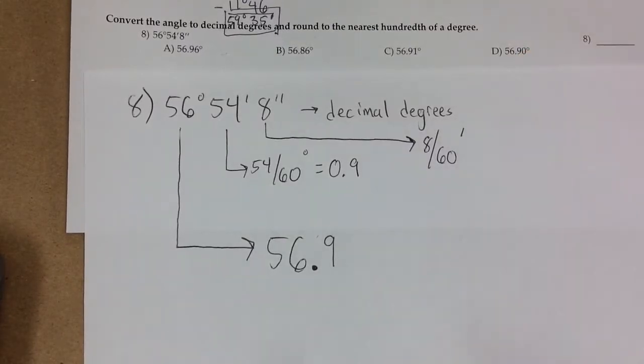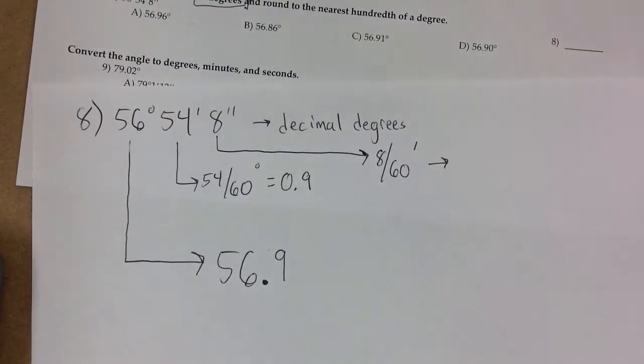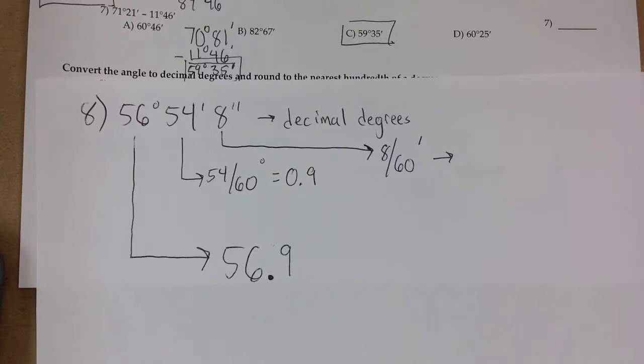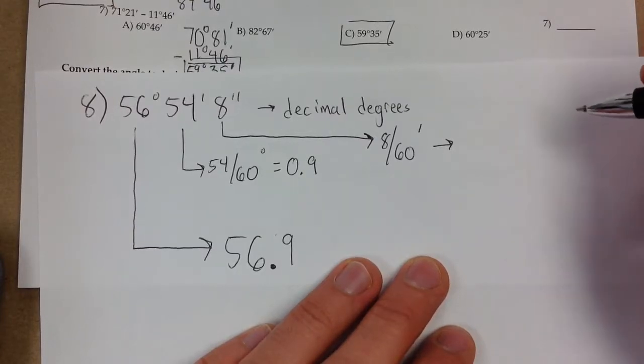But we want to get a fraction of a degree. So, do you know what fraction of a degree 1 second would be? Okay, that's okay. We're all here to learn. Here's one way to think about it.